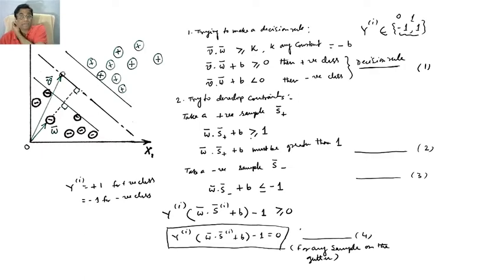So what we have done, we have a decision boundary, and very intuitively we have defined our structure of the class representation, right? And then very intuitively we got the constraint, and using this we have clubbed 2 and 3 for mathematical convenience, and we have got a constraint like this.